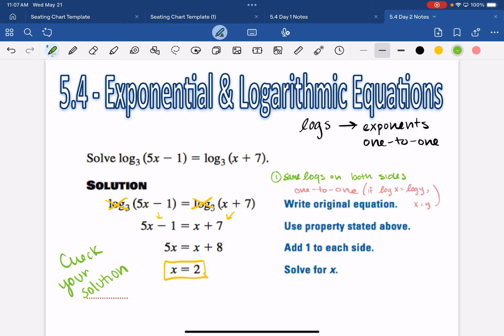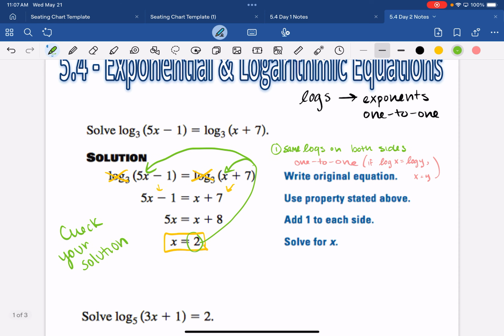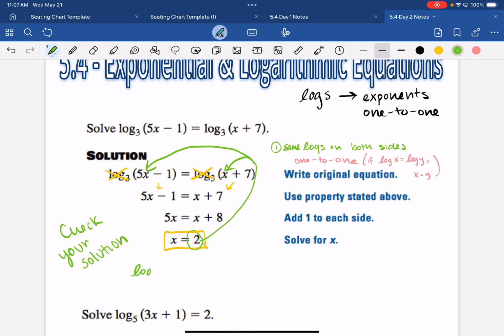When I say check your solution, I just mean you're going to plug a 2 back into the original problem. Three things might happen when we plug this in. For example, I'm going to write this one out just because it's our first one. This is what I would type in the calculator. I'd type this whole thing in.